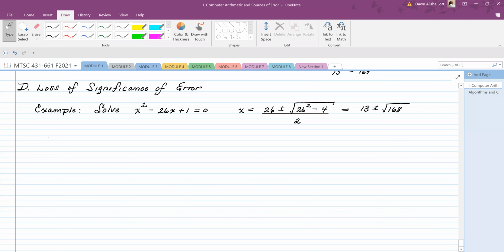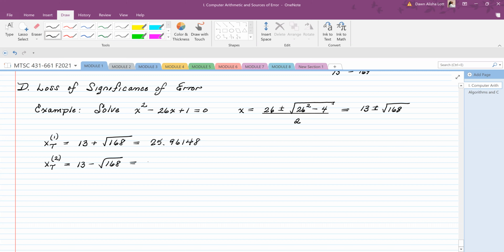So we get our first solution, x true number 1, turns out to be 13 plus the square root of 168. And that's 25.96148. And then our second solution is 13 minus the square root of 168.